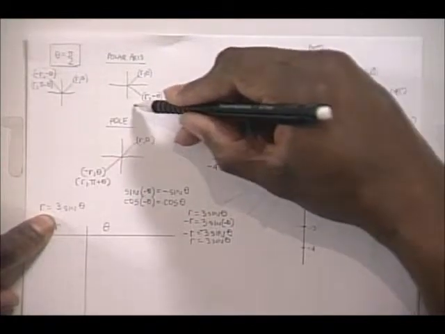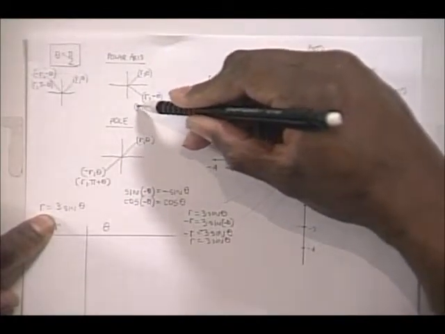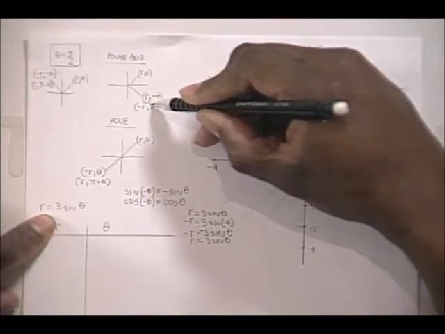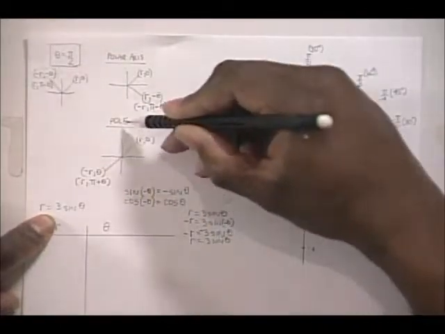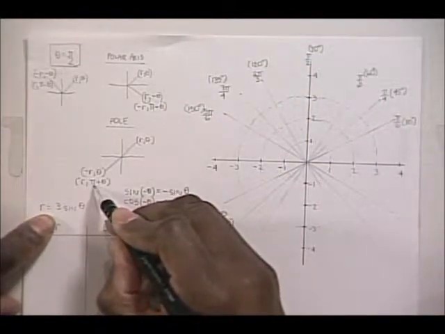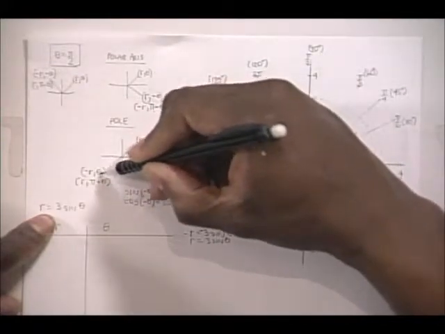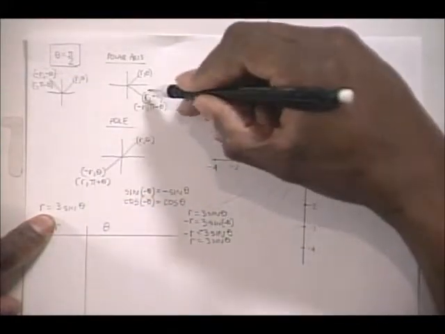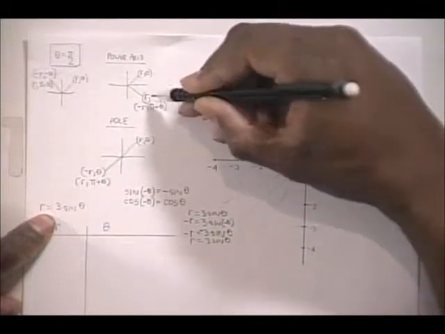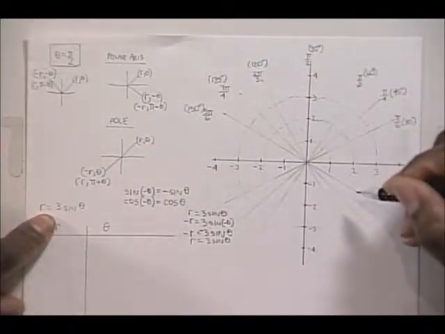For the polar axis I use the point negative r, pi minus theta, and then to check for symmetry across the pole I use r, pi plus theta. My experience has been that using negative r, theta and using r, negative theta won't actually verify the symmetry properly.